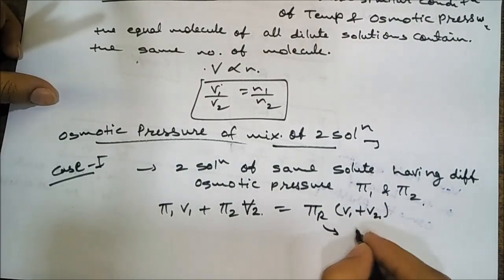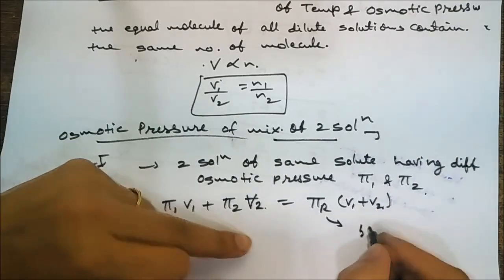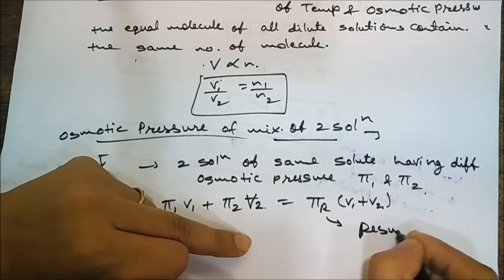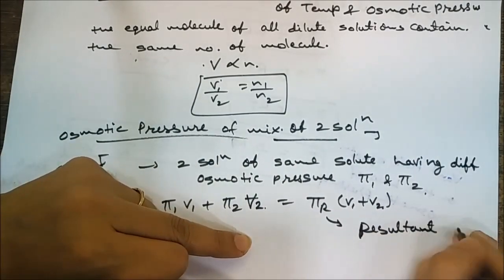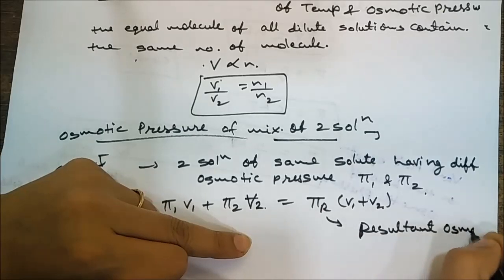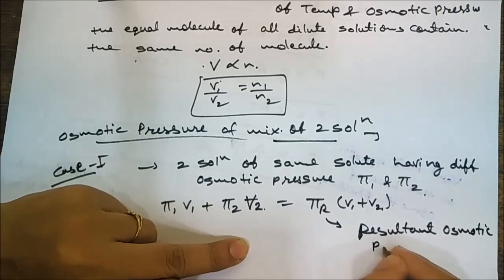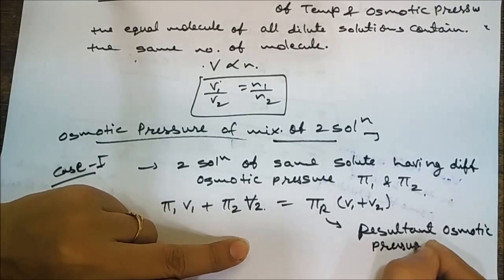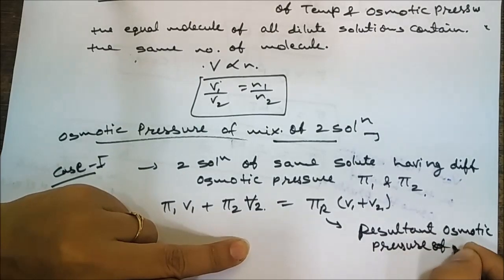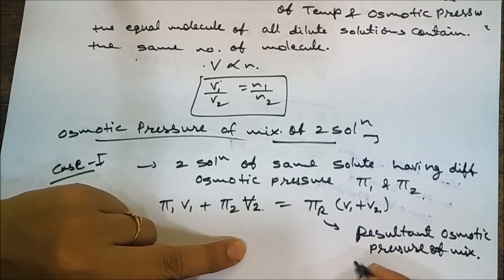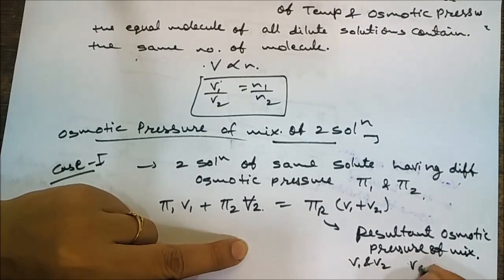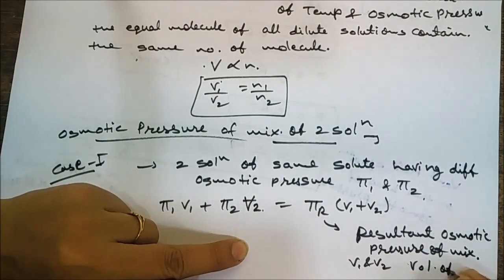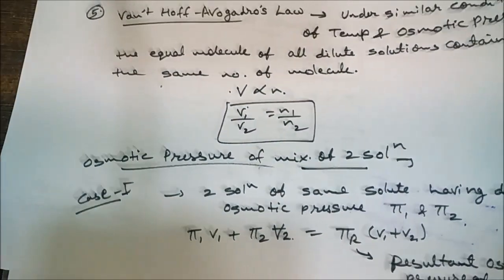Here pi R is the resultant osmotic pressure of the mixture, and V1 and V2 are the different volumes of the solutions.